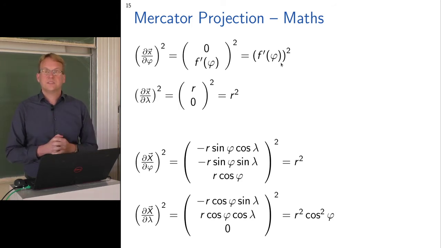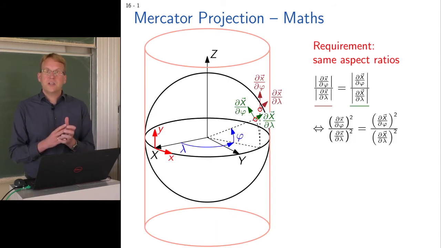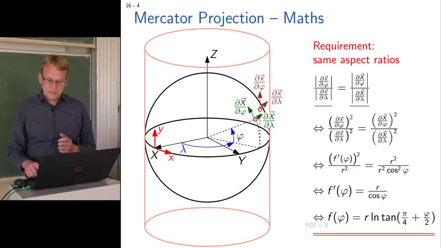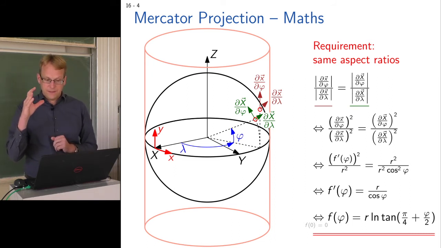There we inserted the knowledge that we have a cylindrical map projection. And with that knowledge alone, we were able to find f, namely our mapping function, which defines the relationship between phi and y, our y coordinate.